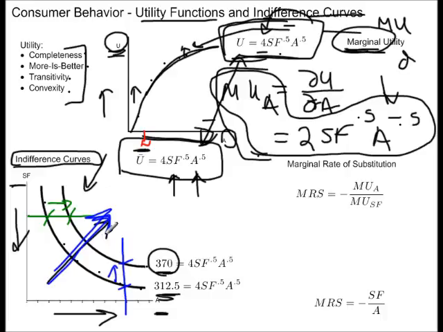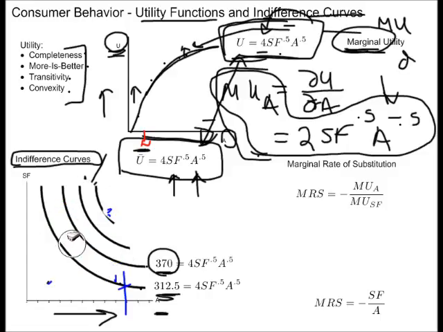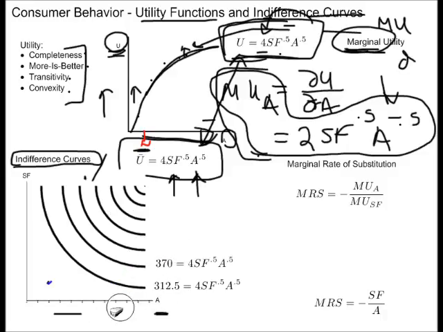Real quick, let's think about the shape of those things. Notice these indifference curves, there's a bunch that are hidden over there that I totally forgot about. We've got some indifference curves with a very particular shape to them. Notice the shape of these indifference curves. It has a negative slope all throughout.